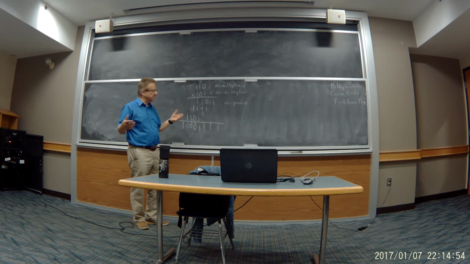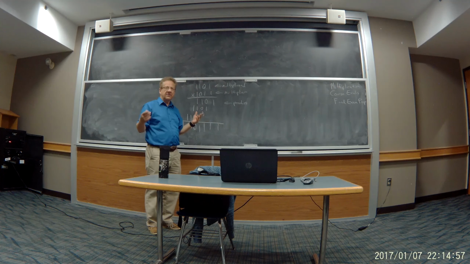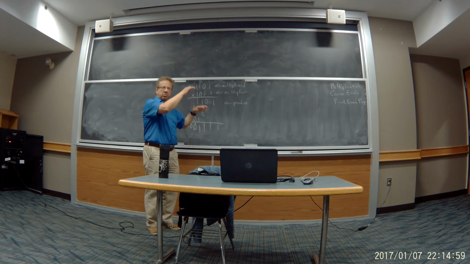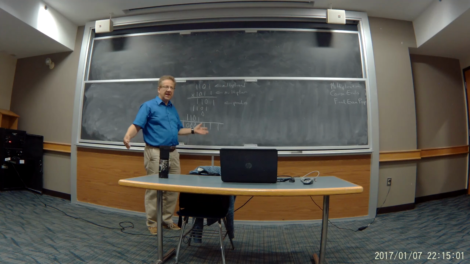From a computer standpoint, that's far from optimal. It would have to find some place to put those 32 partial results and then add them up in some kind of efficient way.